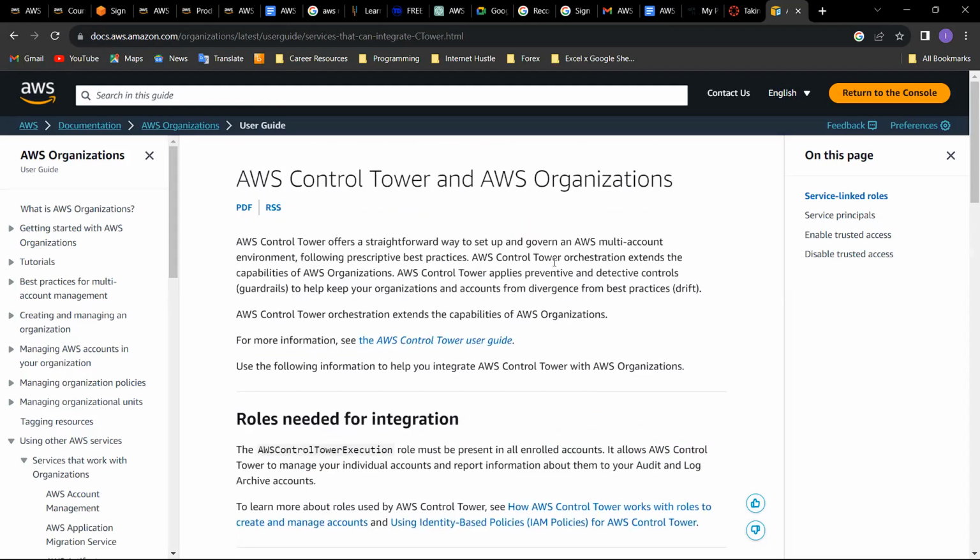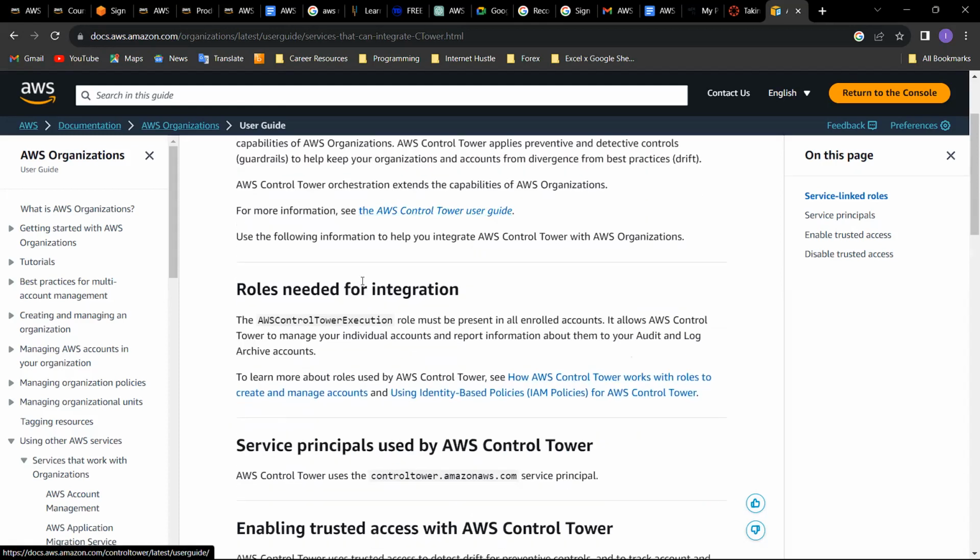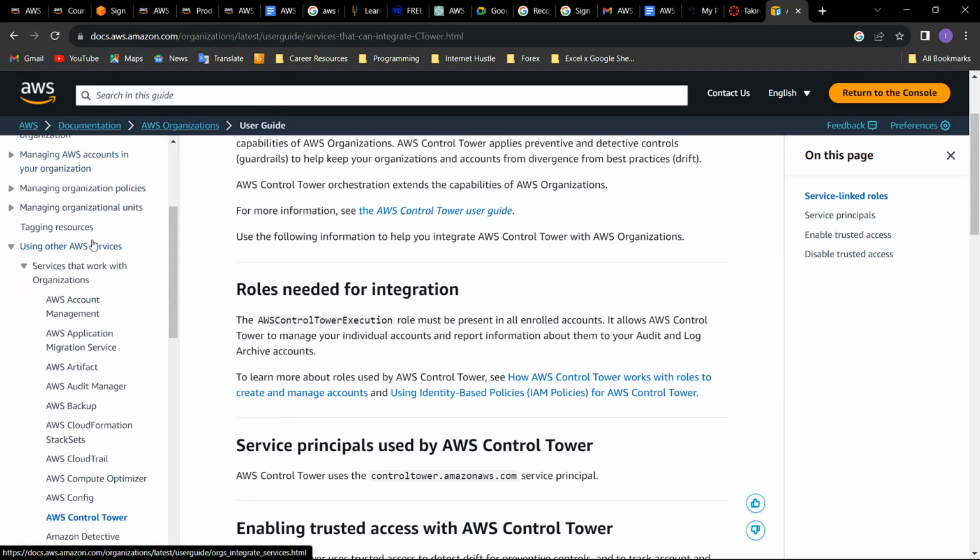AWS Control Tower orchestration extends the capabilities of AWS Organizations. It extends the capabilities, which means Control Tower has more capabilities than Organizations. No. Look at the left pane, at the services that work with Organizations.